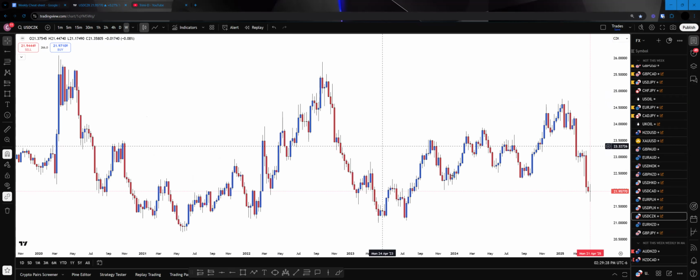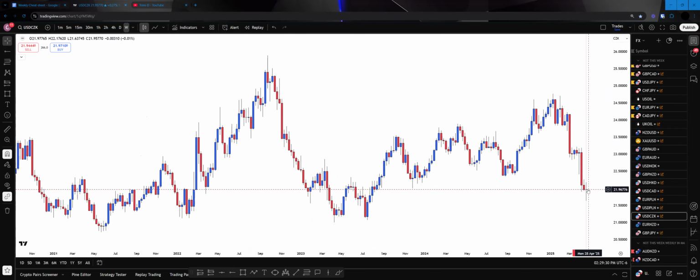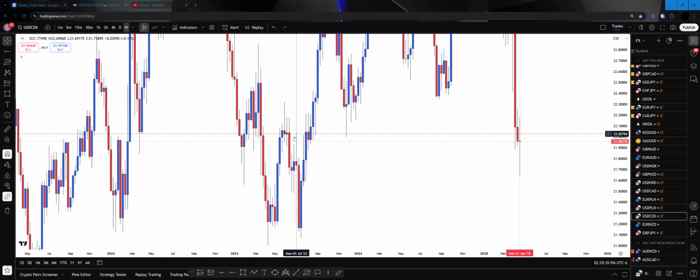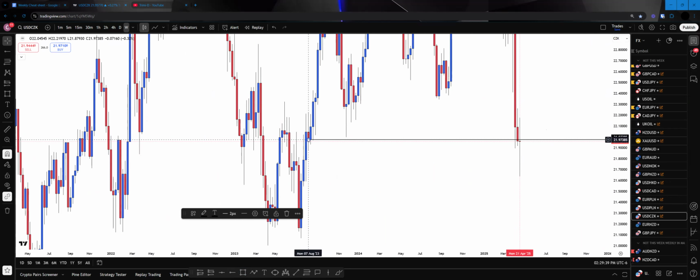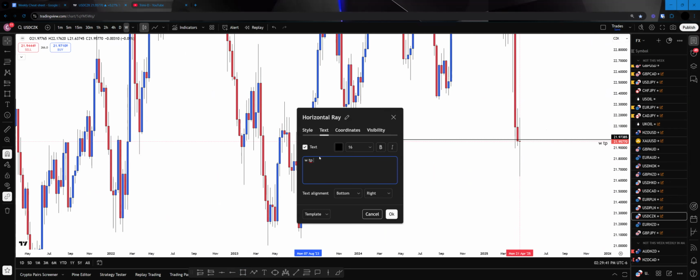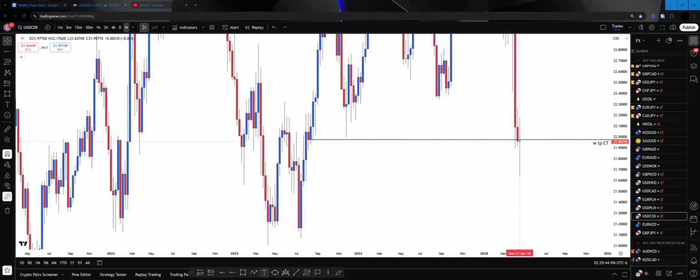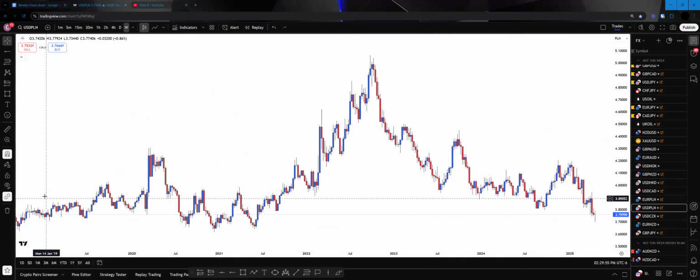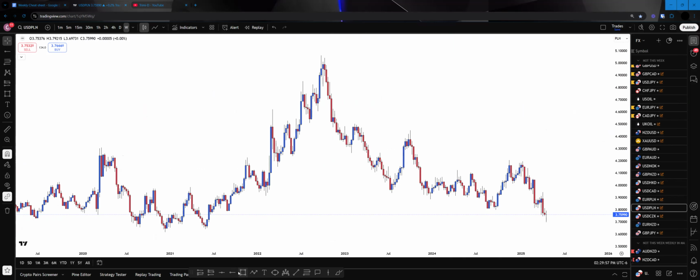USD CZK weekly's at a lower low. We'd be looking for counter trend trades, which would basically have to come right here. So there's just not enough room. Okay, USD PLN on the weekly, reset everything at a lower low with an indecision candle.